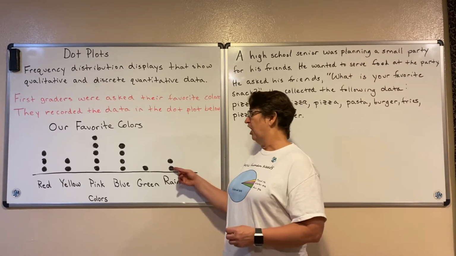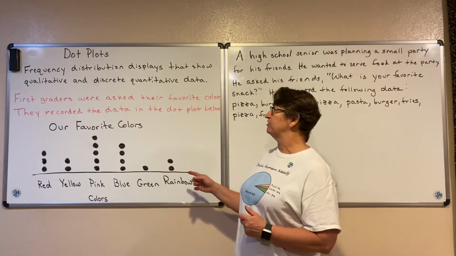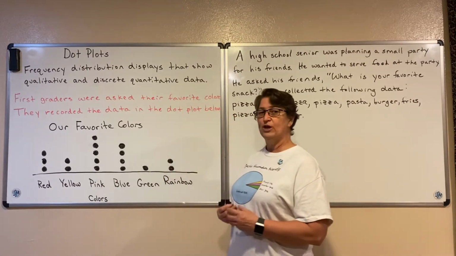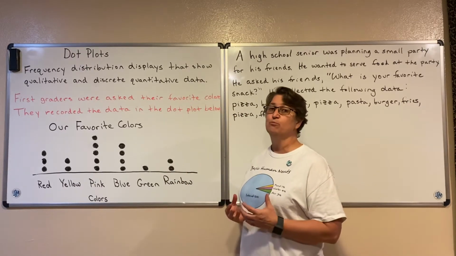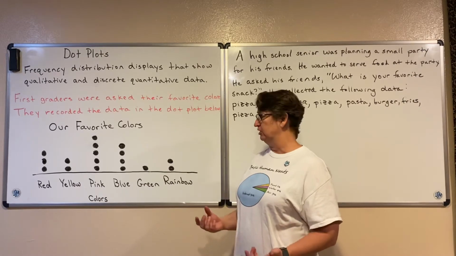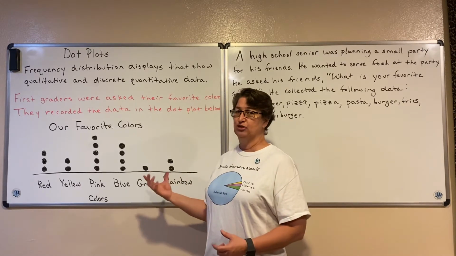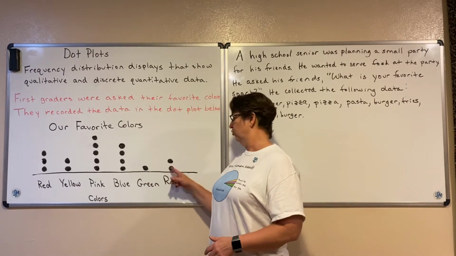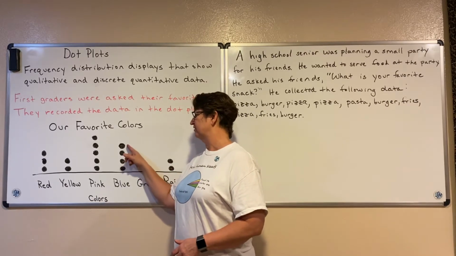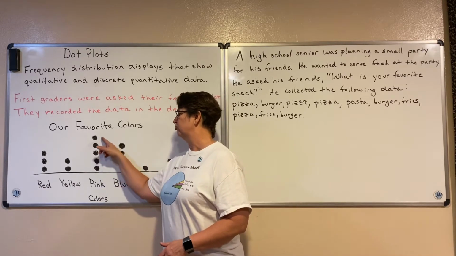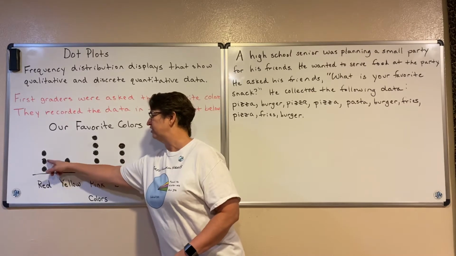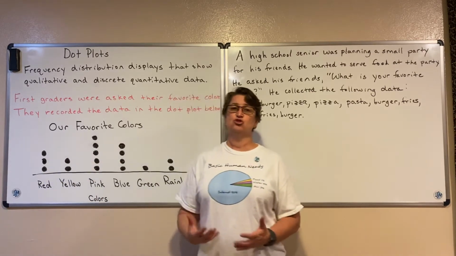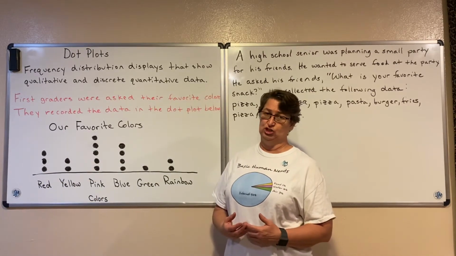Each one of these dots, we now recognize, represents a student. So we could count to see how many students answered the question. Let's count to see how many students were asked. 1, 2, 3, 4, 5, 6, 7, 8, 9, 10, 11, 12, 13, 14, 15, 16, 17 students answered that question.